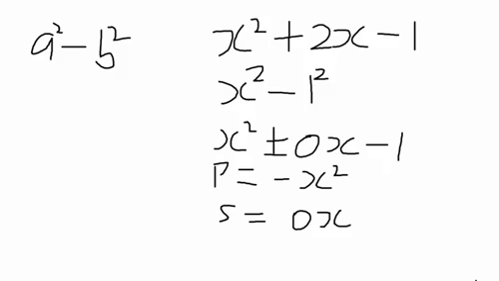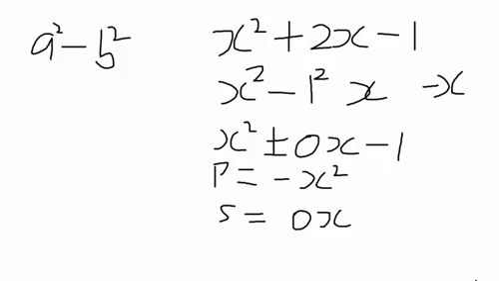If you add x and minus x together you get 0, and if you multiply them you get minus x squared. So that's a good start.